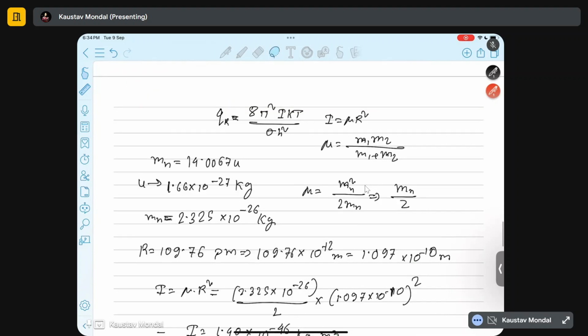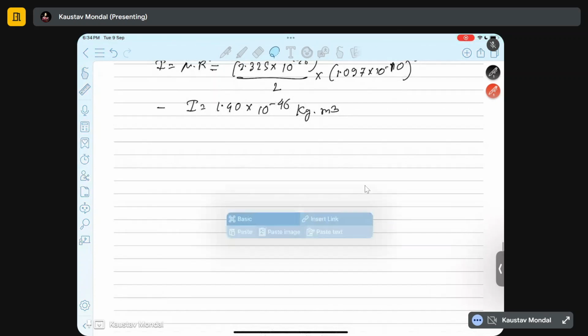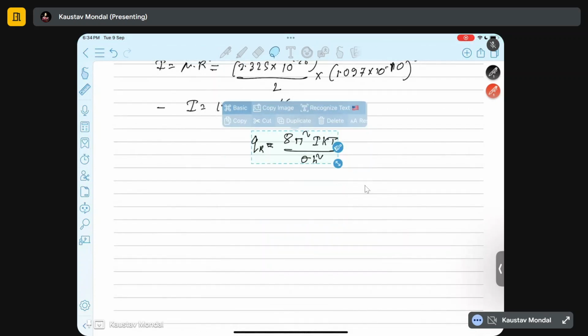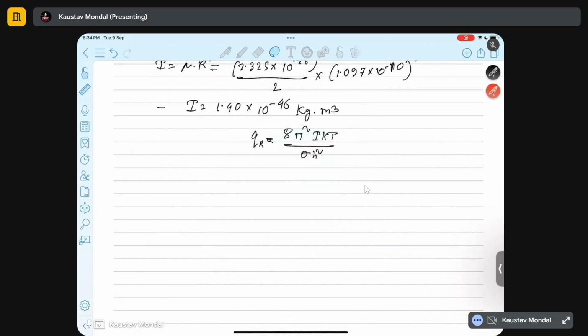Now I'm going to copy this expression. In this expression, we have to substitute the values.